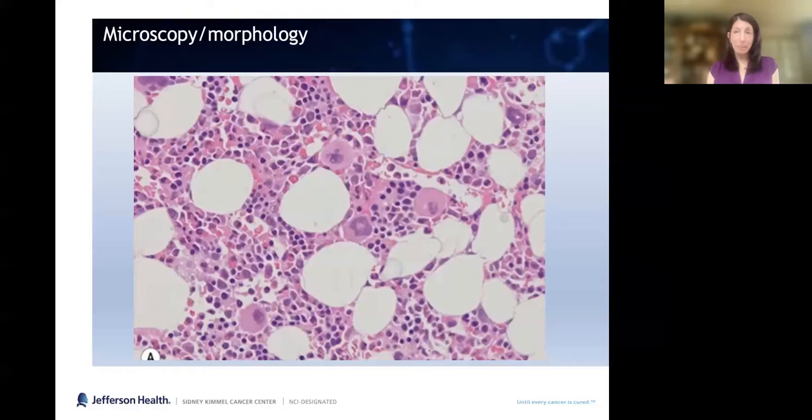And in fact, there is a rule of thumb. So when we're born, all of our bone marrow is full of cells. So it's about 100%. And as we get older, it gets replaced with fat. And by the time we're 50, it's about half that. So the rule of thumb is 100 minus your age should be the amount of cells that are in there.